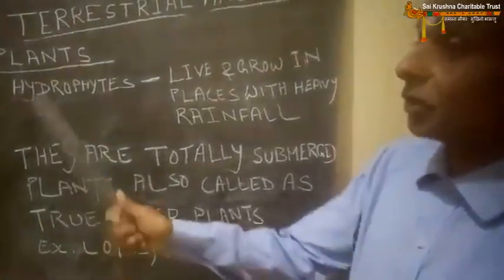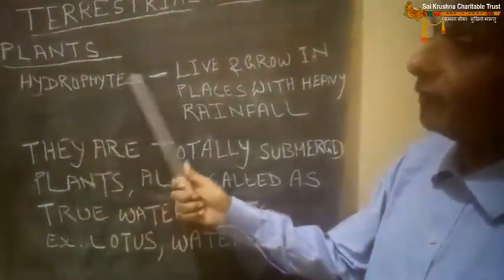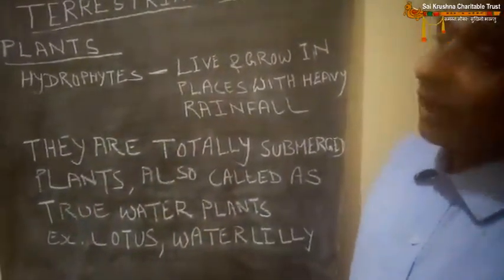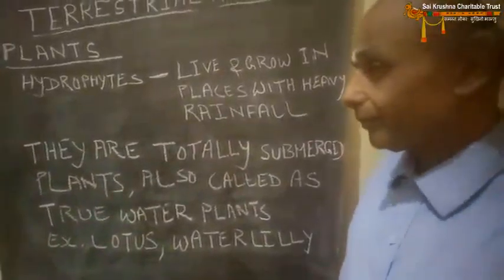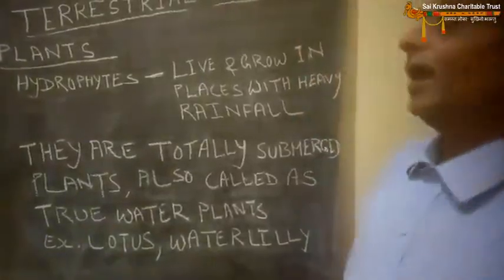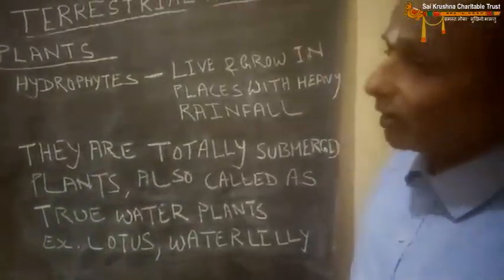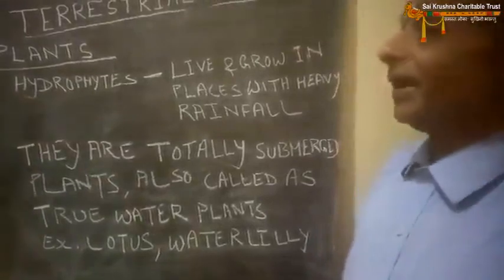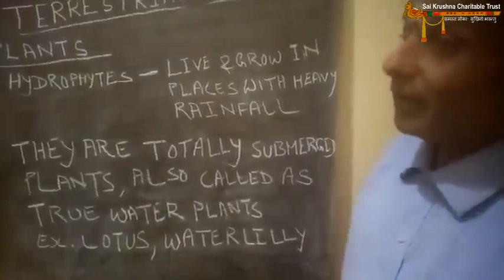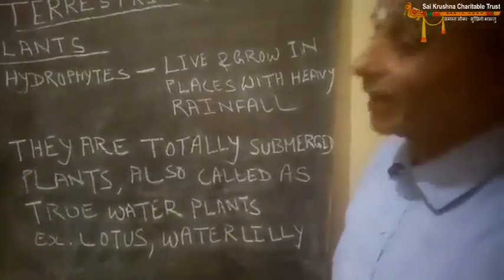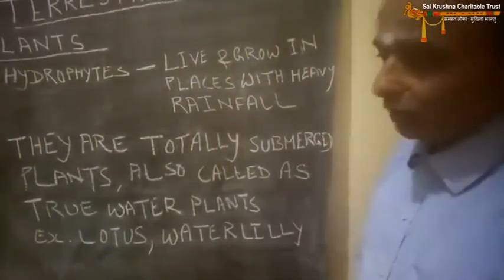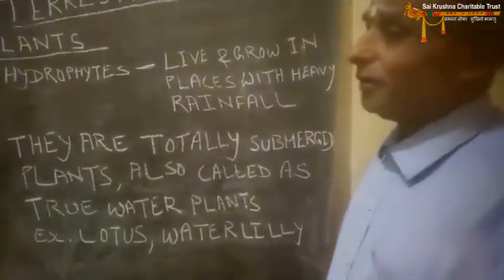plants, which are called hydrophytes. What are hydrophytes? Hydrophytes are the plants that live or grow in places where there is heavy rainfall, and these are called hydrophytes.